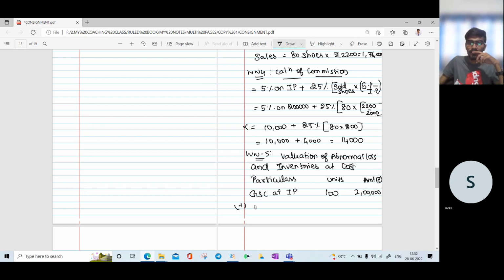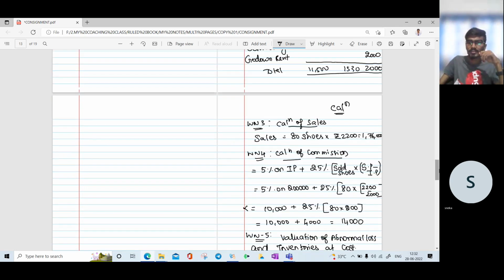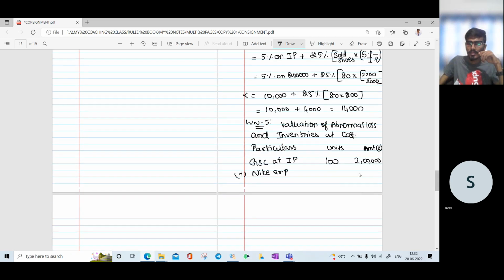Add Nike expense. How much is the Nike expense? 11,500. So 2 lakh 11,500. Now there is a loss. Less abnormal loss in transit.